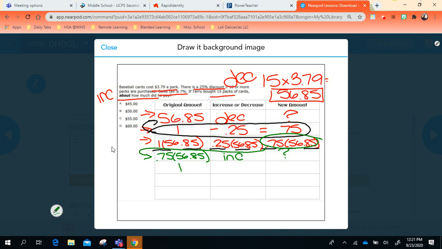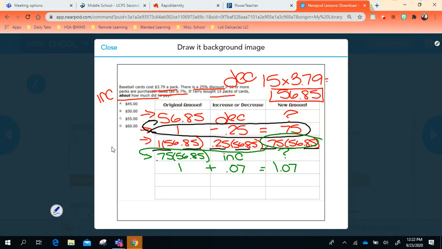So for our increase or sales tax, what is 7% as a decimal? 0.07. And are we adding or subtracting? We are adding. Good. So we have 1 plus 0.07 gives us 1.07.